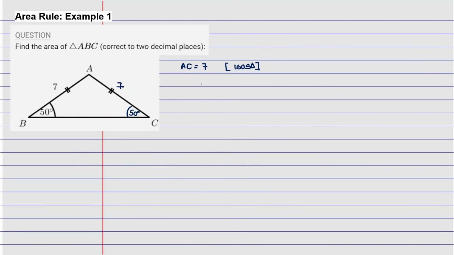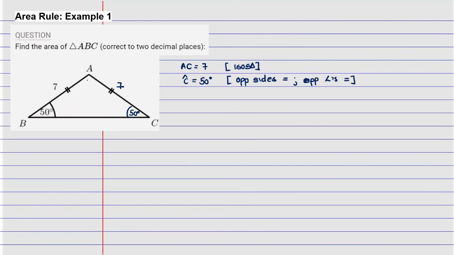Therefore angle C is equal to 50 degrees, because opposite sides equal means opposite angles equal. Hope that makes sense. So this is going to be 50.